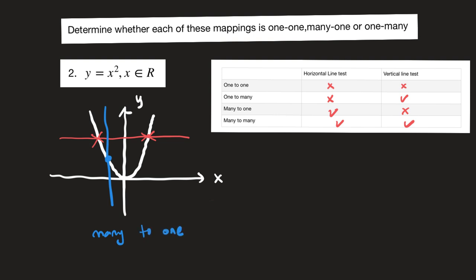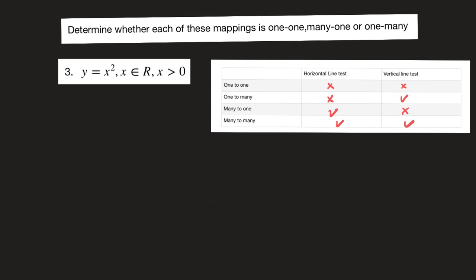many-to-one. The next example is this one. It is the same equation as in the previous question, but this time it says x can only be more than 0. So that means the graph actually is like this.